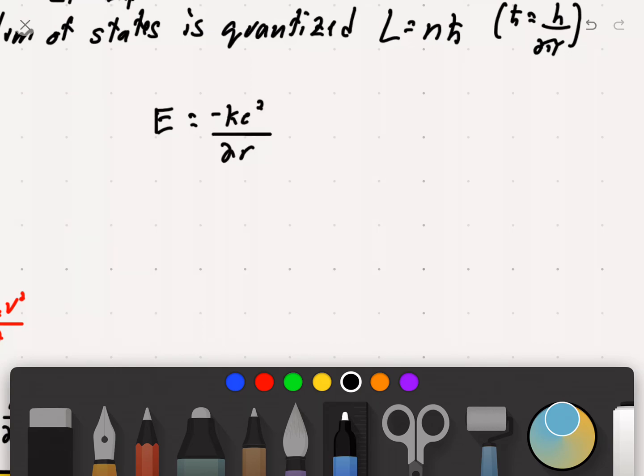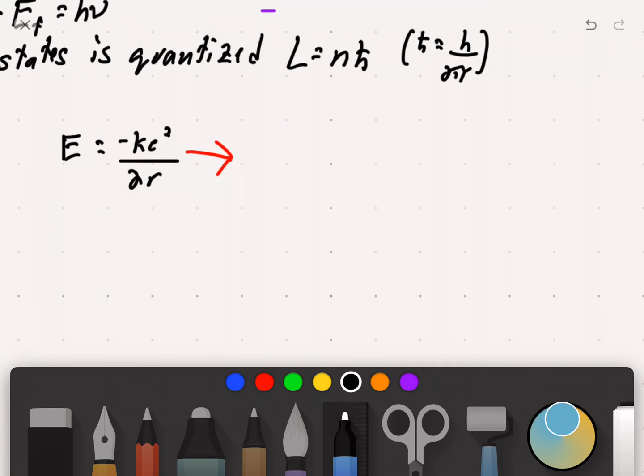So let's figure out what the energy of something that's quantized would be. If we put in our quantized radius, we get that the energy associated with a quantum number n is going to be equal to, we just substitute in what we just had for the Bohr radius in for r, and we get minus ke squared over 2 times a0 times 1 over n squared.